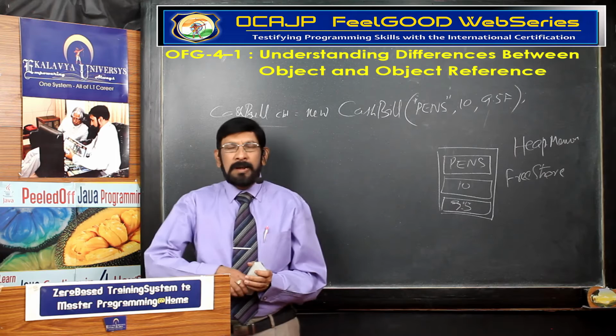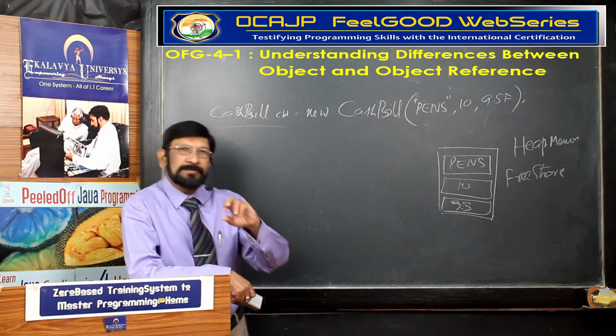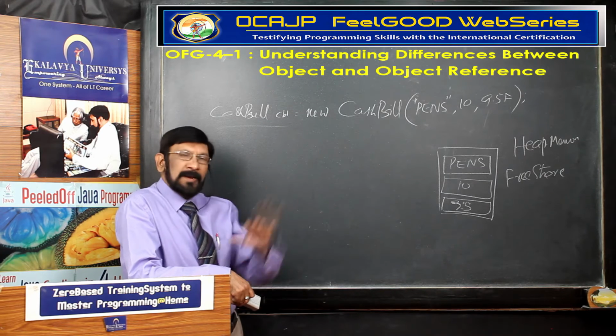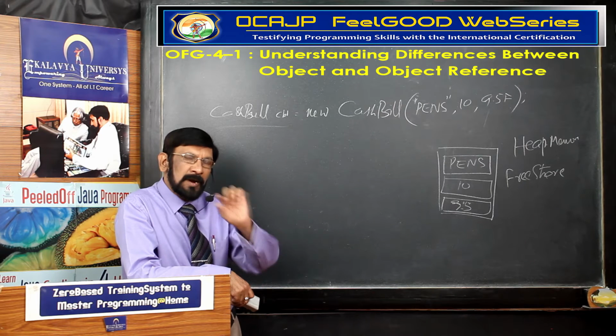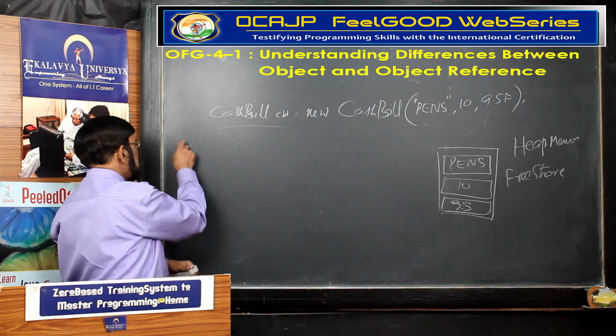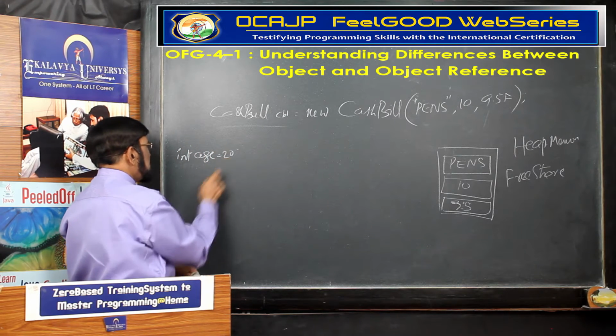Actually, all objects are runtime entities. Runtime entities means at the time of execution, the memory is allocated and they are created. Those are called runtime entities. Now, in C and all, from the beginning you know this. Now this is there.